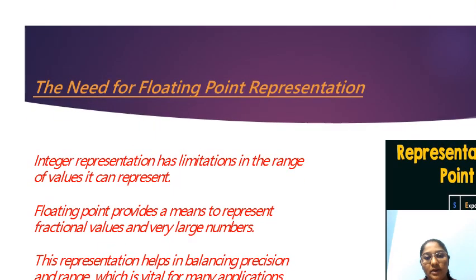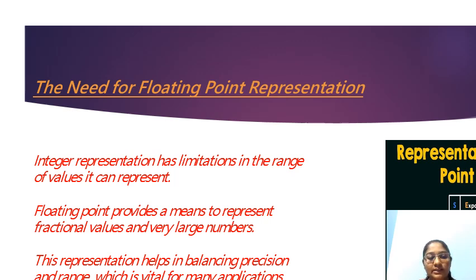Our next topic is the need for floating point representation. Floating point representation is needed to handle real numbers efficiently in computers. The key reason is to represent and handle very large and very small numbers, unlike fixed point representation. The second reason is dynamic precision. Precision adjusts based on the magnitude of the numbers, enabling compact storage.